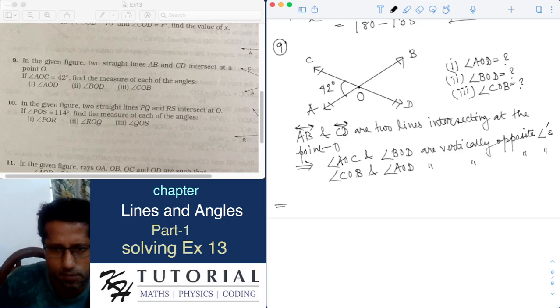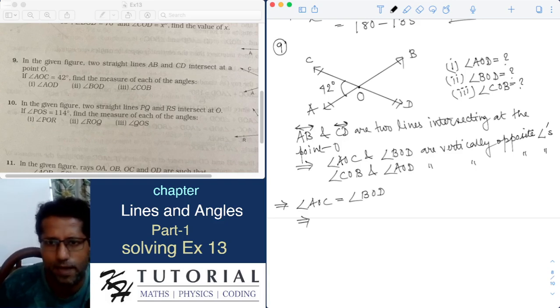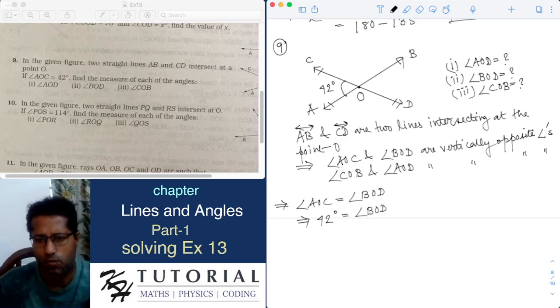We know that vertically opposite angles are equal. This implies that angle AOC is equal to angle BOD. Angle AOC is given to be 42 degree, so we get angle BOD equal to 42 degree.